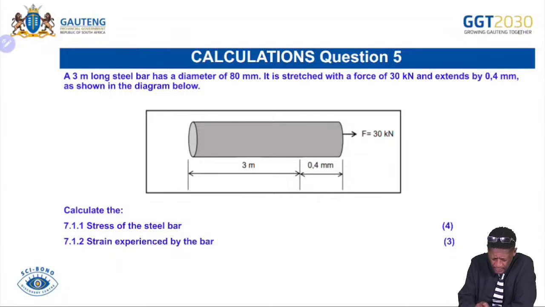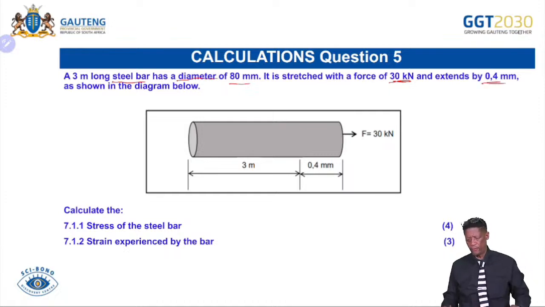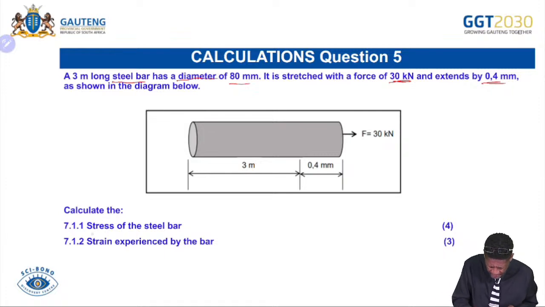We are given a 3 meter long steel of a diameter, not a radius, the whole diameter, of 80 millimeters, stretched with a force of 30 kilonewtons, and it extends by 0.4 meters. They want us to calculate the stress and the strain.